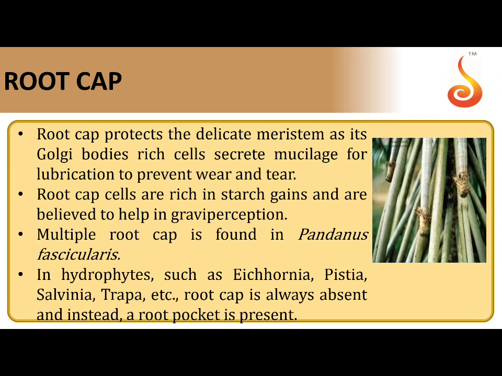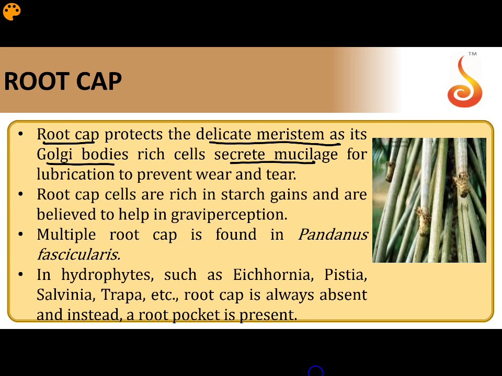Understanding the root cap in more detail. Now, the first and foremost part of the root, as I have already signified, is the root cap. It is going to protect the delicate meristem part. How? By certain secretions of mucilage from the Golgi bodies.